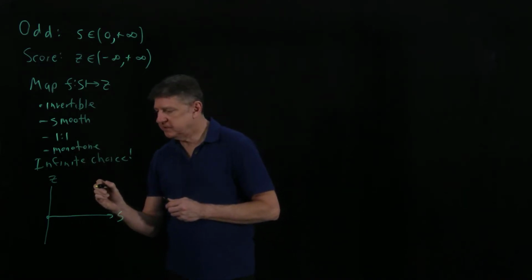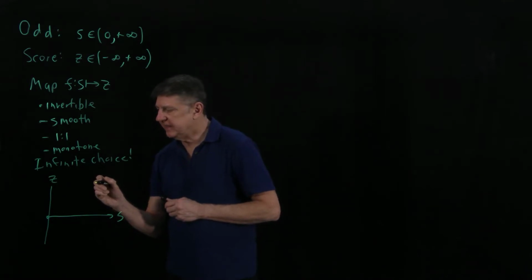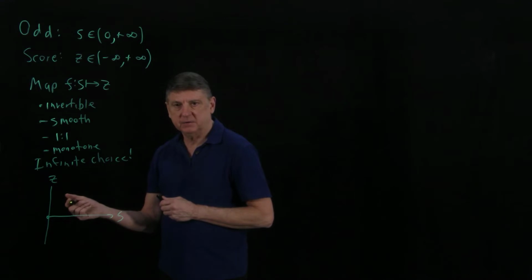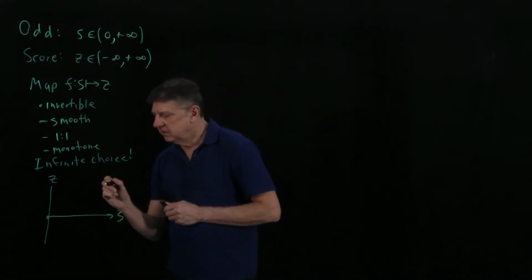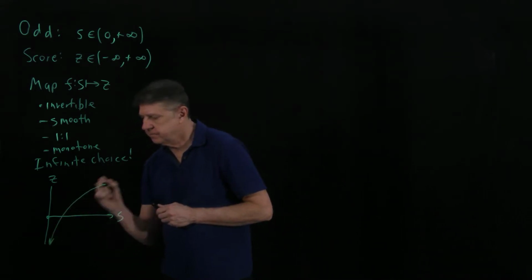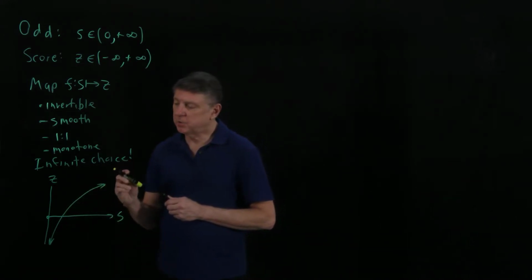Well, that means that it has to be either concave up or concave down. And the usual choice in machine learning is to make it concave down.